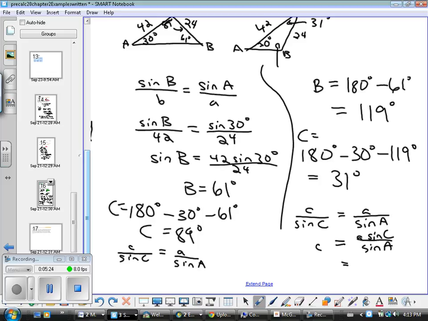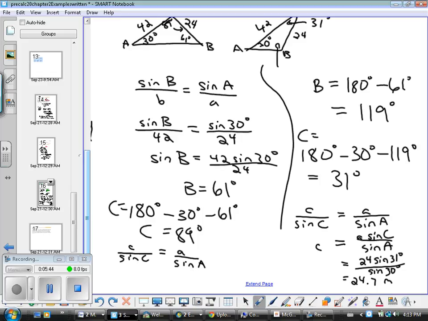So you substitute that in, you're going to get 24 sine 31 over sine 30. That is about 24.7, and it's in meters.